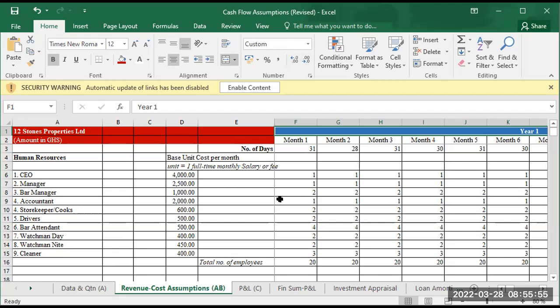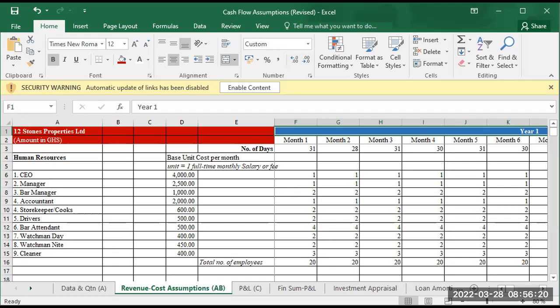Then there are two bar managers, each receiving 2,000 every month. When we multiply that by 12 for the first year, it's 2 times 12, which is 24,000 for the first year, second year, and third year, right?